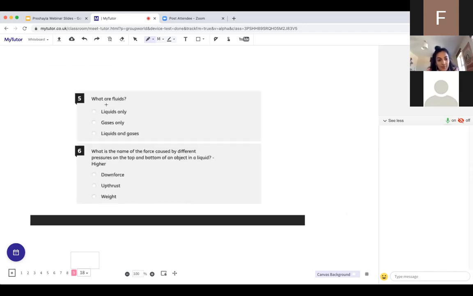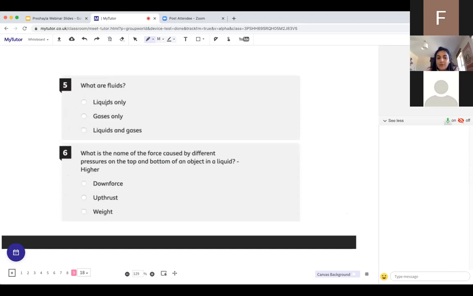What are fluids? Are they liquids only, gases only, or liquids and gases? And what is the name of the force caused by different pressures on the top and bottom of an object in a liquid? So remember, at the bottom of a liquid, there's a higher pressure than at the top of the object in the liquid.